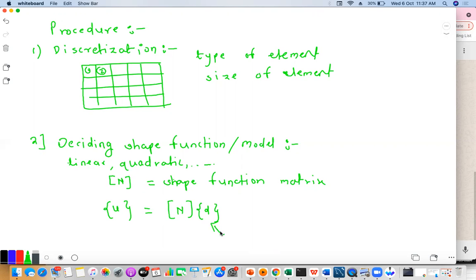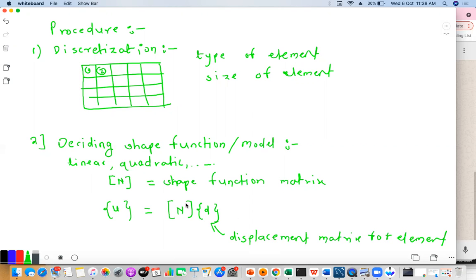Now this d is the displacement matrix for the element. Now I have the shape function and I have the displacement matrix. Now what is u then?